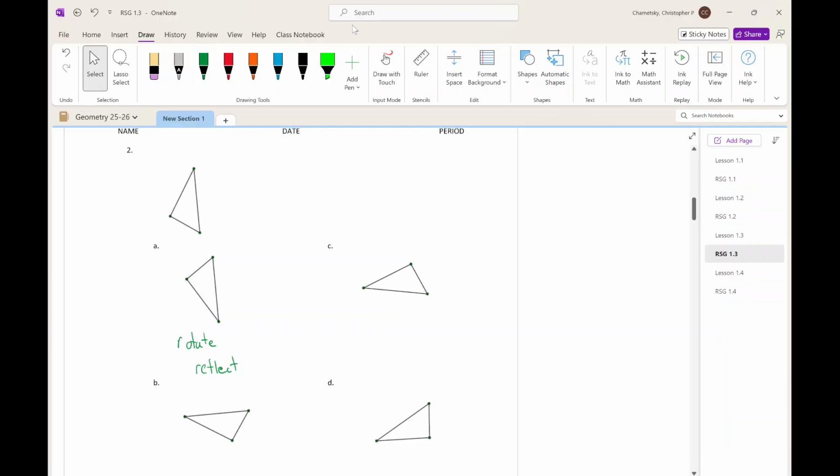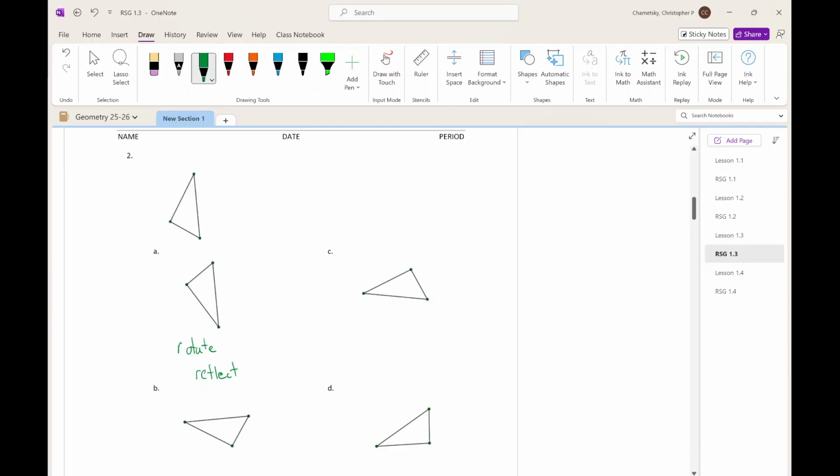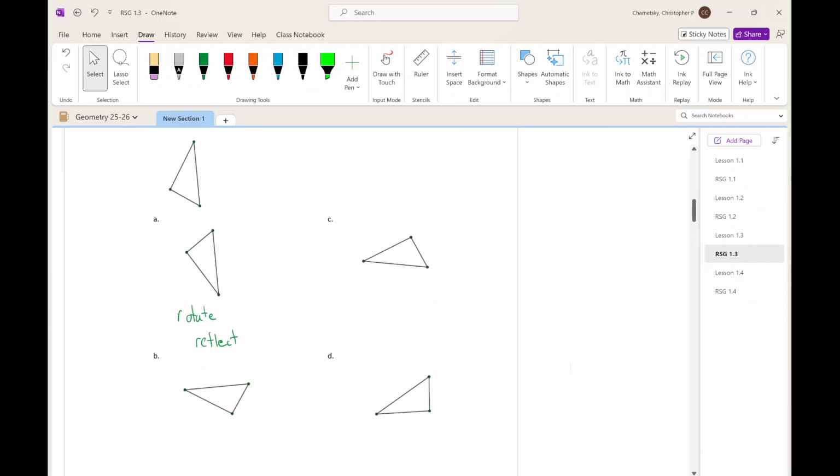For B, it looks like we can just do a 90-degree rotation.